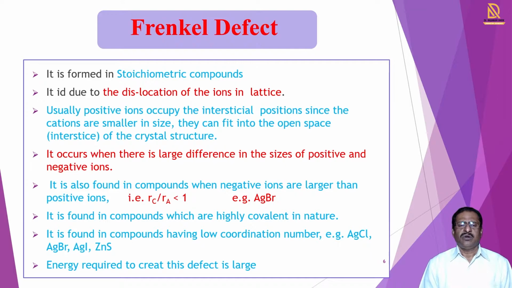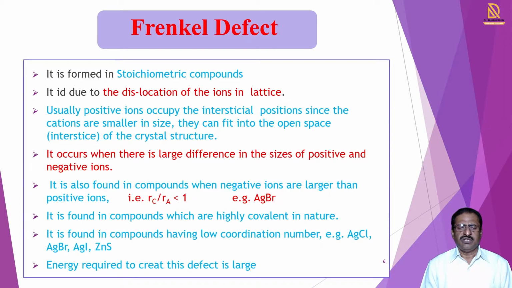Usually positive ions lose their position and occupy interstitial positions, because these positive ions or cations are smaller in size as compared with anions, and this smaller cation leaves its position and occupies some other space in the same crystal. In between the ions there is some space, and in that space the cations occupy.